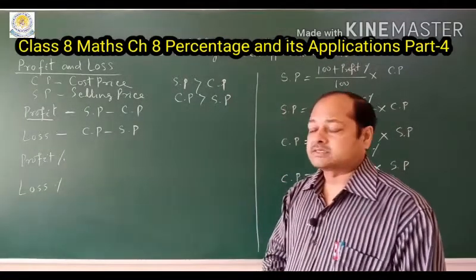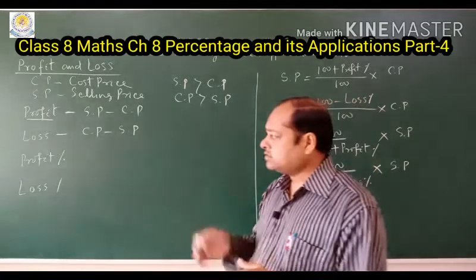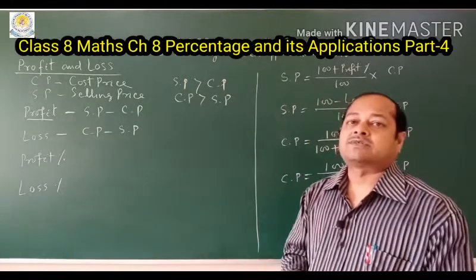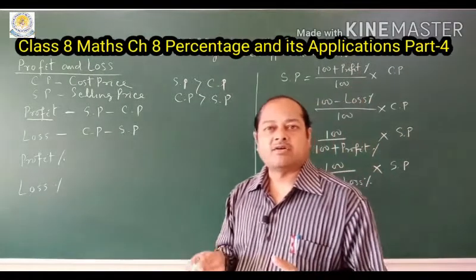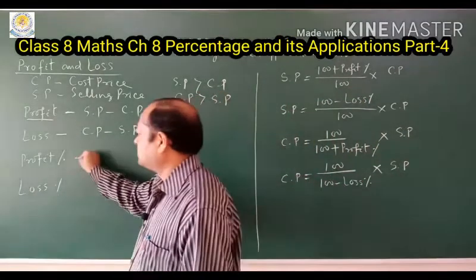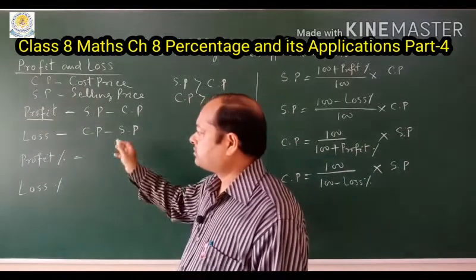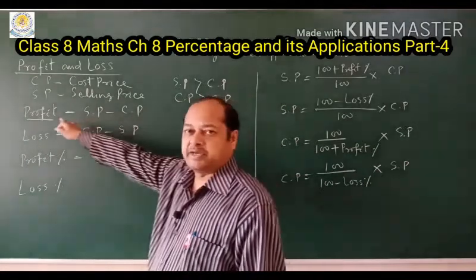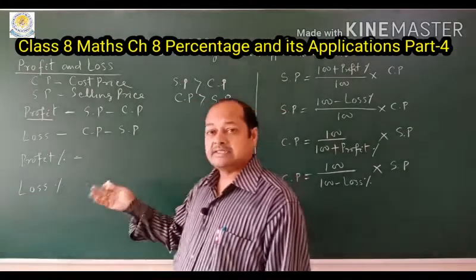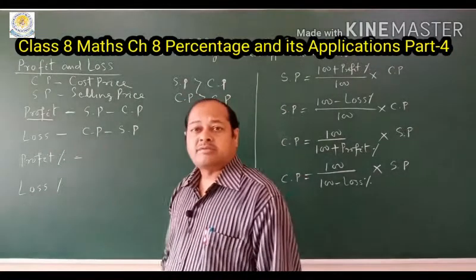Now afterwards we'll calculate the profit percentage. Whenever a question asks to find out the profit percentage, how do we find it? Before that we have to find out the profit. First of all we'll calculate the profit, then easily we can calculate the profit percentage.